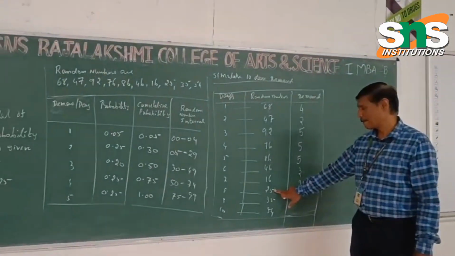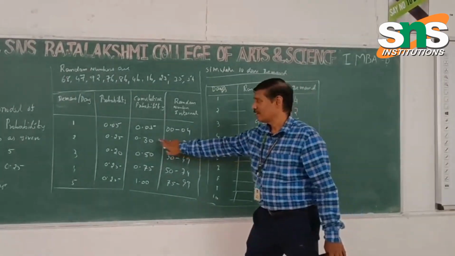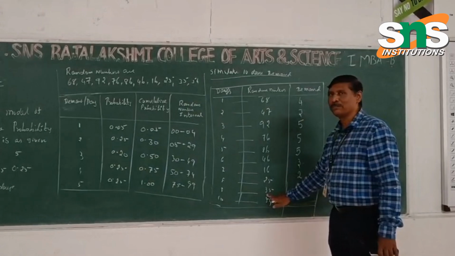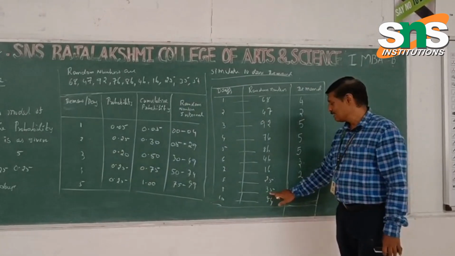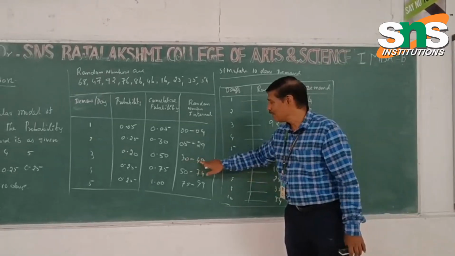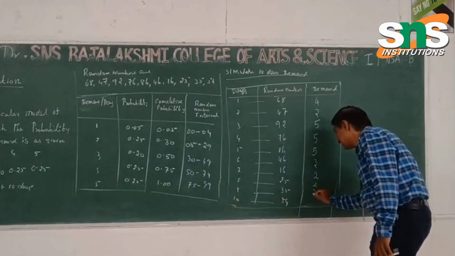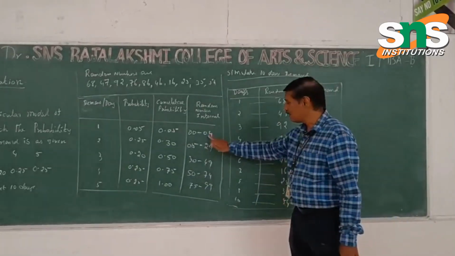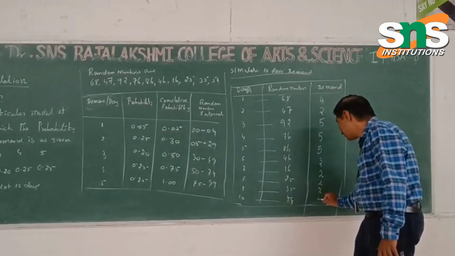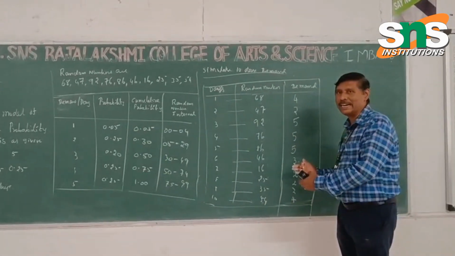The interval is 5 to 29, so the corresponding demand is 2. Likewise, for the ninth day the random number is 35, which lies between 30 and 49, so the demand is 3. For the tenth day, the random number 54 lies in the interval 50 to 74, and the demand is 4. So these are all the demands for the 10 days.